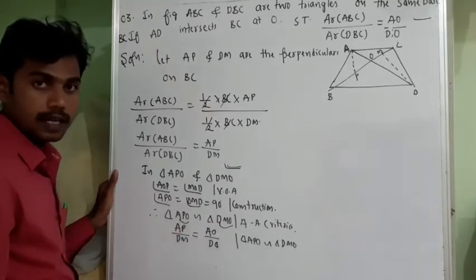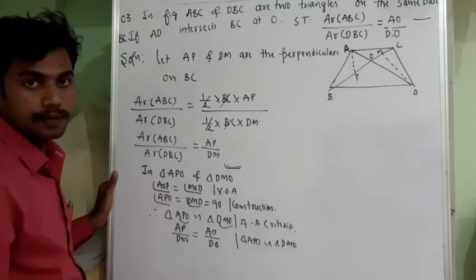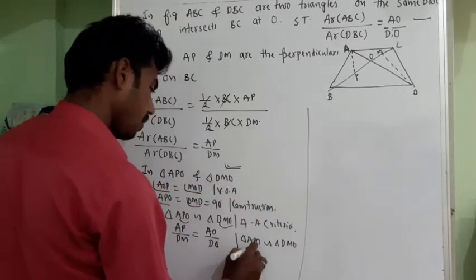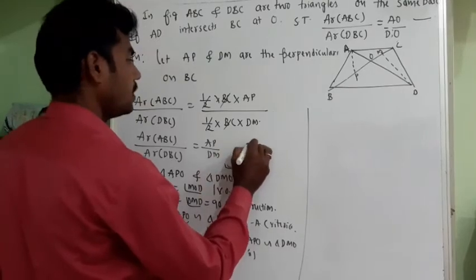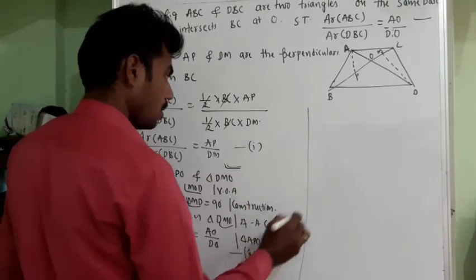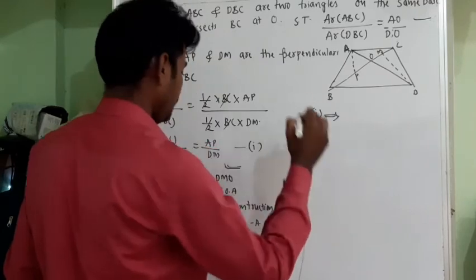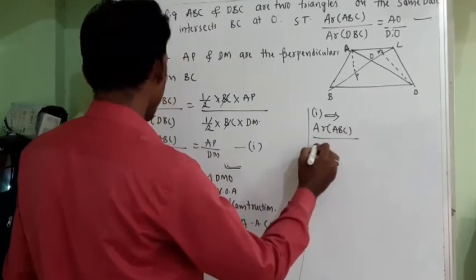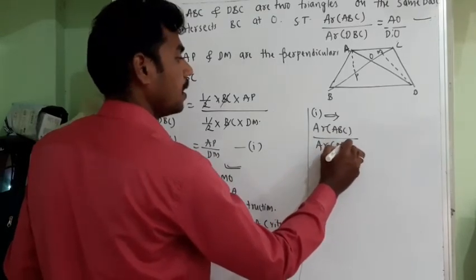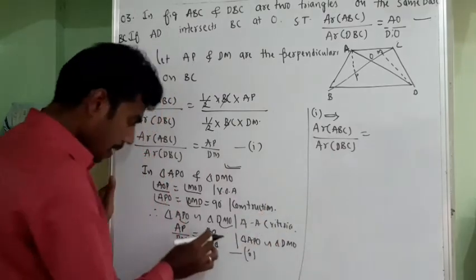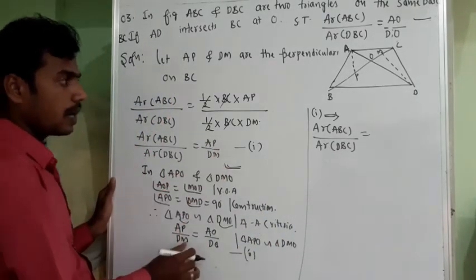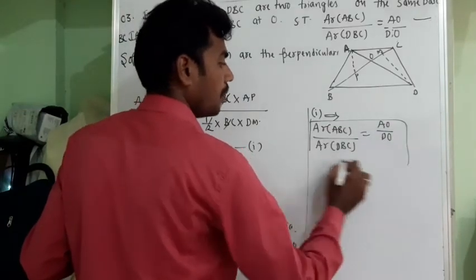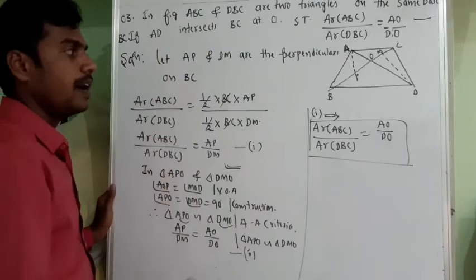This is because triangle APO is similar to triangle DMO, and these are corresponding sides, so the ratio will be equal. If I call this equation 2 and the earlier one equation 1, then equation 1 becomes area of triangle ABC divided by area of triangle DBC is equal to, replacing AP by DM, AO by DO. So this is the required proof. We proved it.